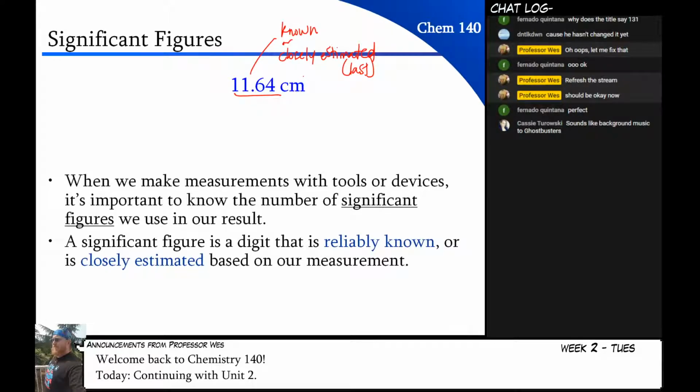The more digits that you write down, the more well-known your result is. So in this number right here, 11.64, I wrote down 1, 2, 3, 4 digits. So that value has 4 significant figures.